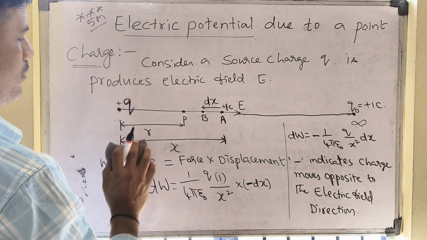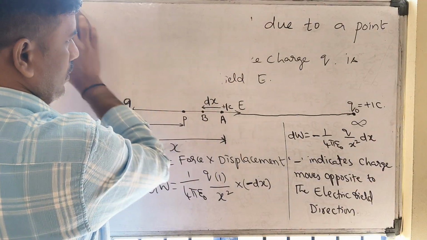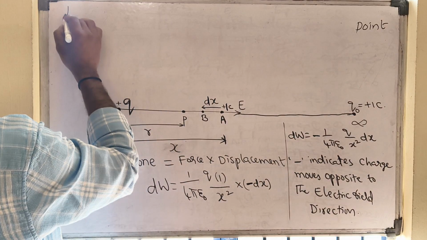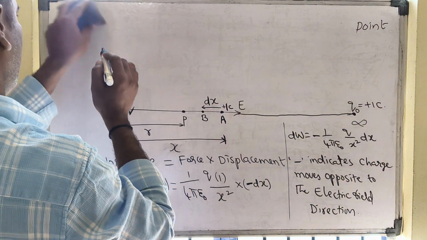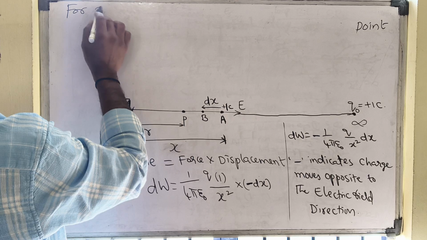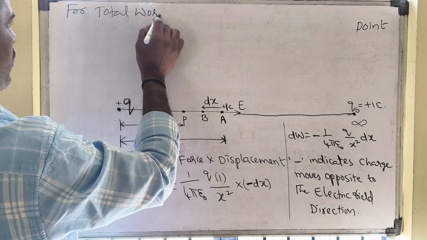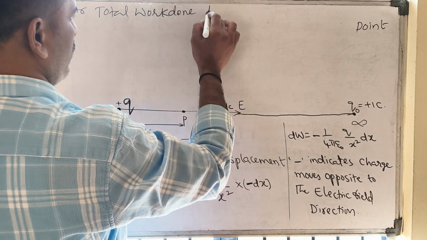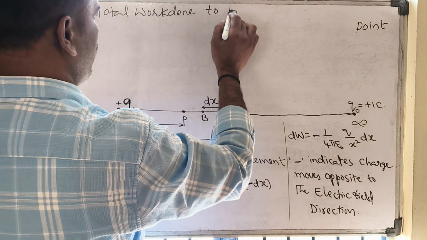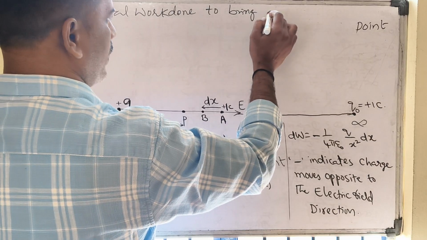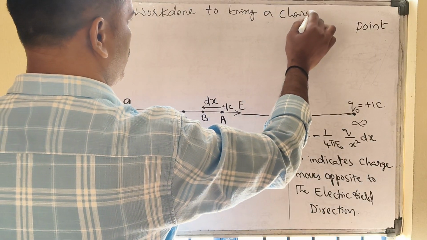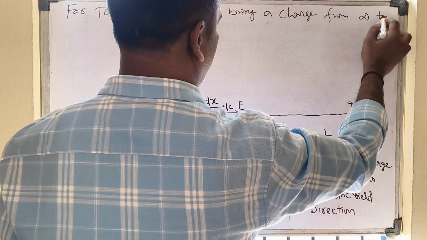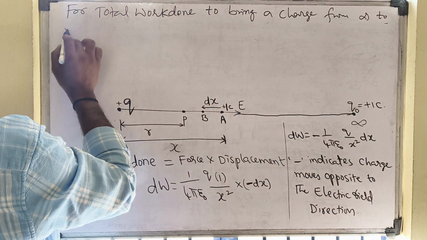For the total work done we want to calculate. How to calculate the total work done? By integration. So by integrating our equation, for the total work done to bring a charge from infinity to distance r.